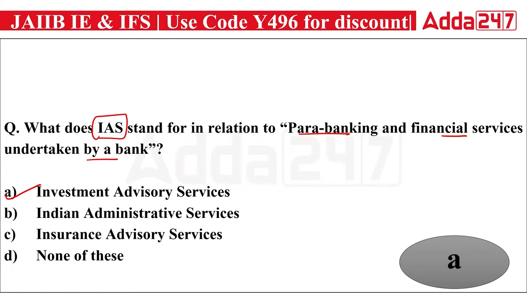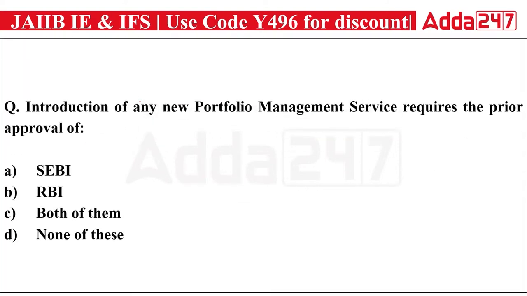It's an investment advisory. Now, the next question is talking about the introduction of any new portfolio management service, which requires the prior approval of which of the following? If you are introducing any new portfolio management service, whose approval does it require? The question is asking about portfolio management services, which are provided by the bank under parabanking. Under parabanking, the bank provides portfolio management services to the customer, in which the bank manages the portfolio of customer investments.